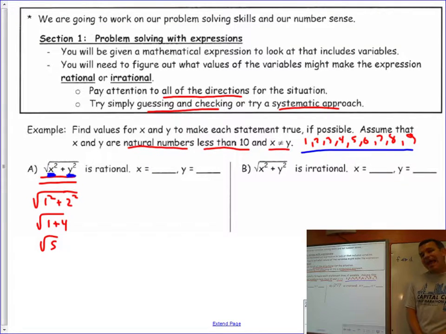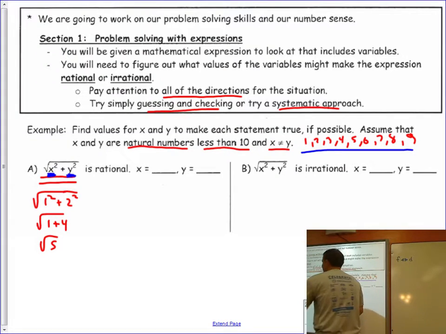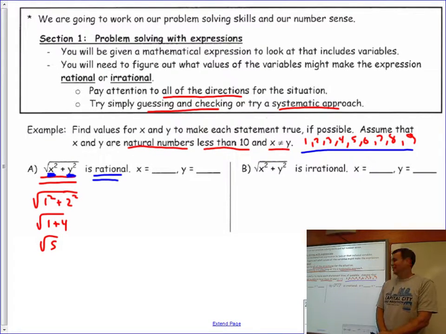And when I add those together, I want the square root to be rational. That means I want x squared plus y squared to be a perfect square. So when I take its square root, I get a rational number.